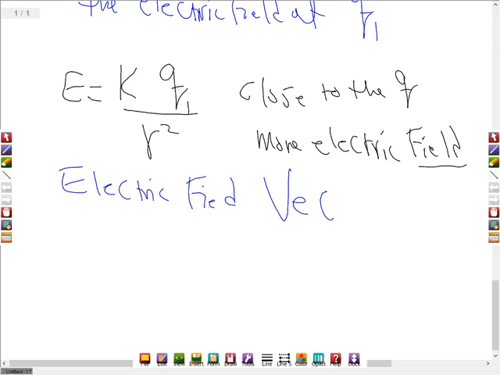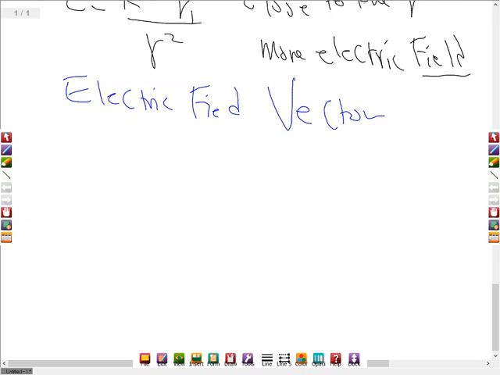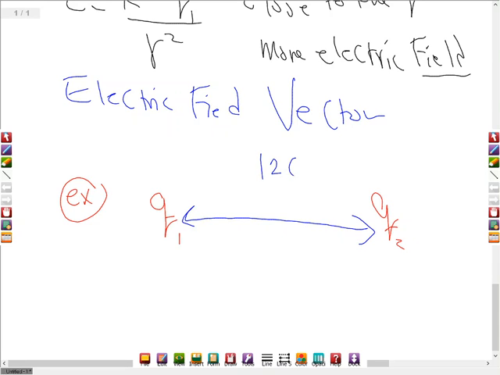Vector. Quick example. Look, Q1 and Q2. The distance between them is 12 centimeter, right?